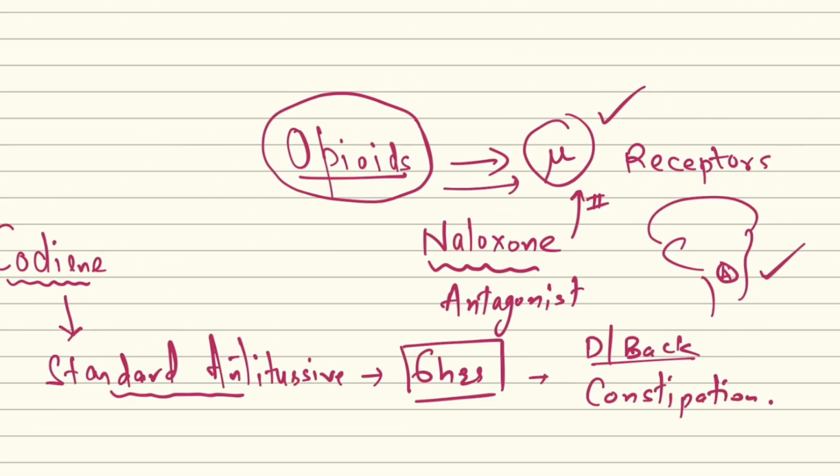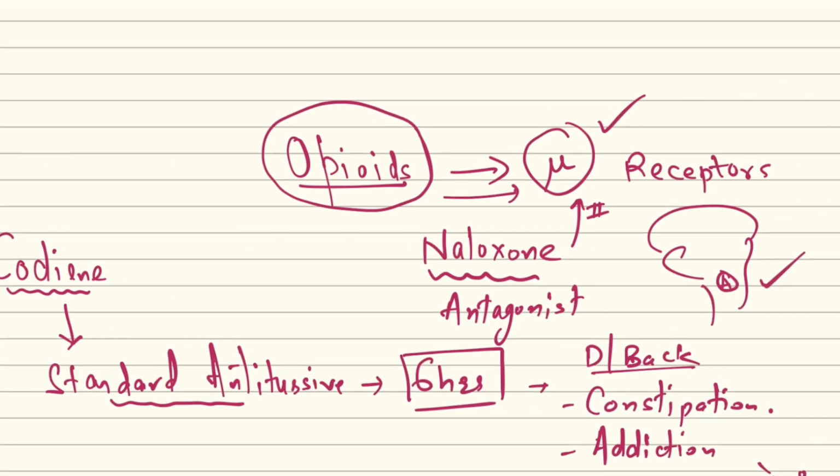Besides constipation, it has addiction liability, and it also causes sedation. Since it causes sedation, it is to be used very cautiously in drivers. The patient should not drive while taking codeine tablets. At larger doses it can also cause respiratory depression.